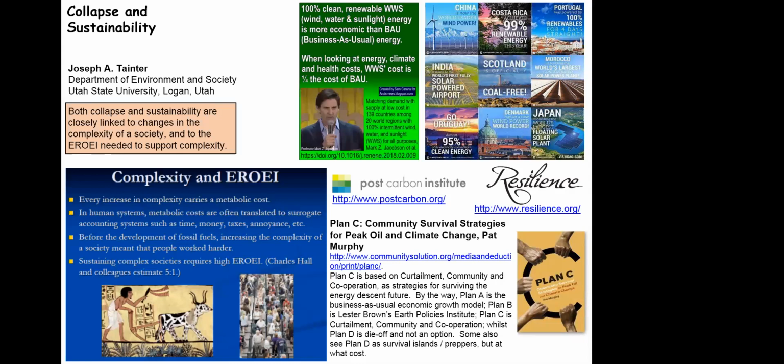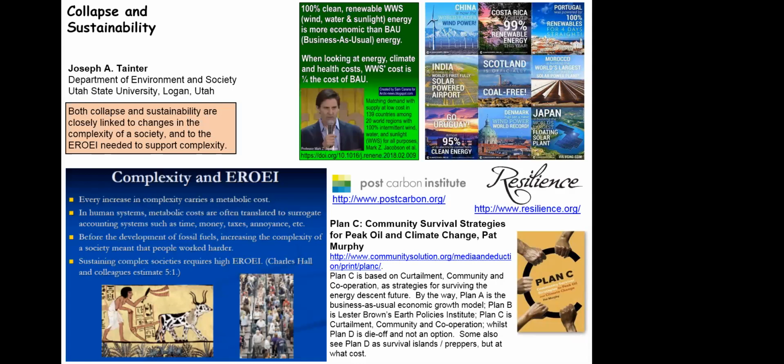So I've also put in there, by the way, Plan A is the business as usual economic growth model coming out of Davos and those type of places. Plan B is Lester Brown's policies from a website of his called Earth Policies Institute, which is a very techno-green solution fix, very closely aligned to Plan A, almost trying to sustain the same type of economic growth as Plan A, but with high-tech green solutions, which the critique is it's too little, too late.